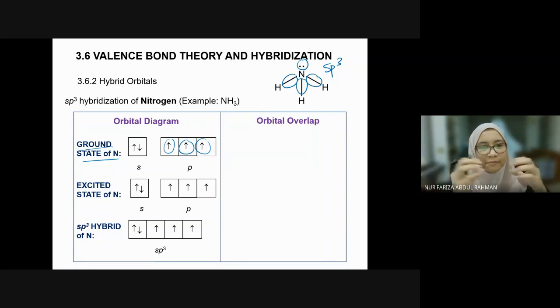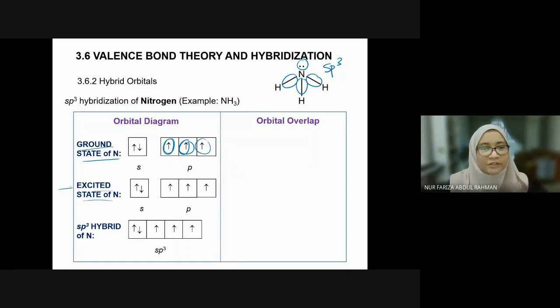Okay, bila dia hybrid baru dia sama. Okay, alright. So dekat situ, even though dia dah ready the 3 unpaired electron, the nitrogen still will form hybrid. So the type of hybridization would still be Sp3. Okay. Alright, so dia tak perlu ada promotion, so there's no excited state of nitrogen.